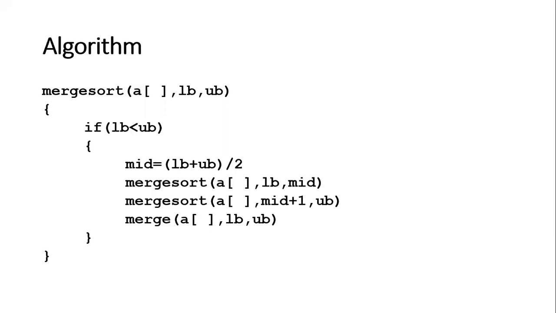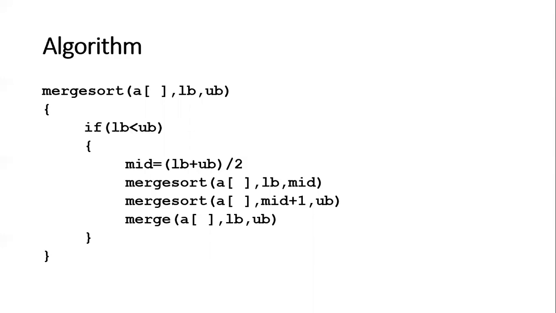How? I will show that. First we will calculate the mid value. What was the lower bound? The value of the lower bound was 0 and the value of the upper bound is 7. So the mid value is 0 plus 7, divided by 2, which becomes 3.5.